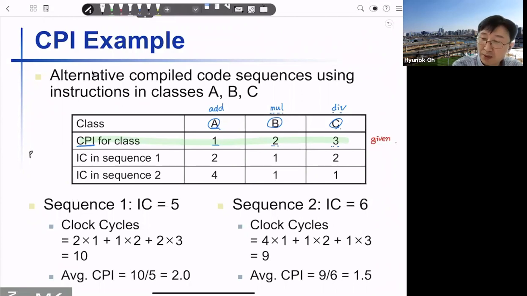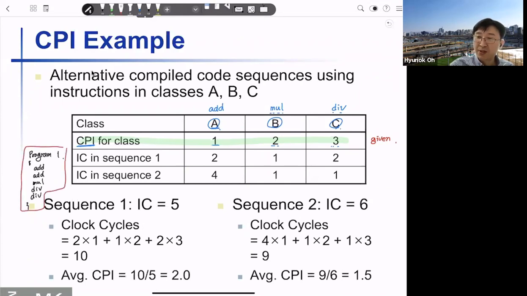Program 1 has 2 add, 1 multiplication, and 2 division instructions. So for this program 1, what is the average CPI?